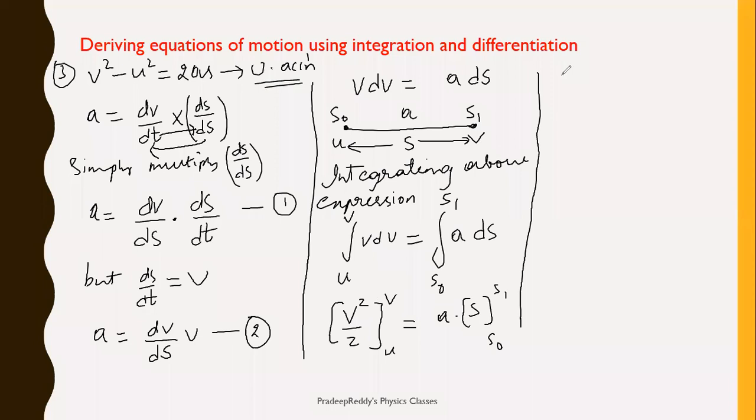You will get v square divided by 2 minus lower limit u square divided by 2 is equal to a into upper limit s1, lower limit s0. Now bring this 2 to the other side: v square minus u square is equal to 2 times a into s1 minus s0.